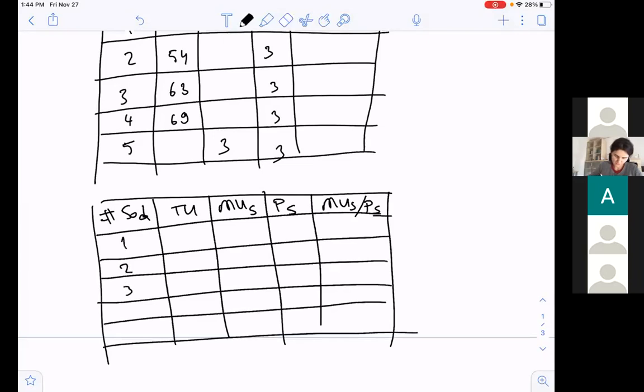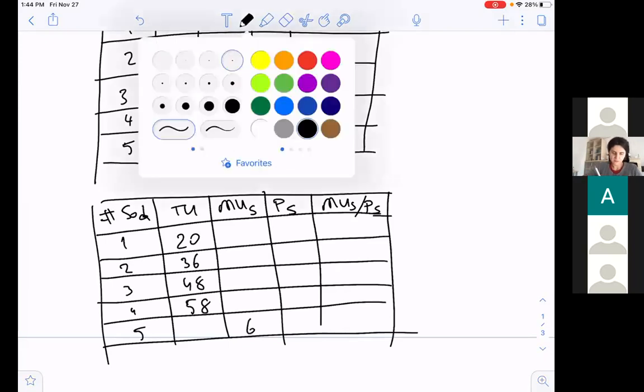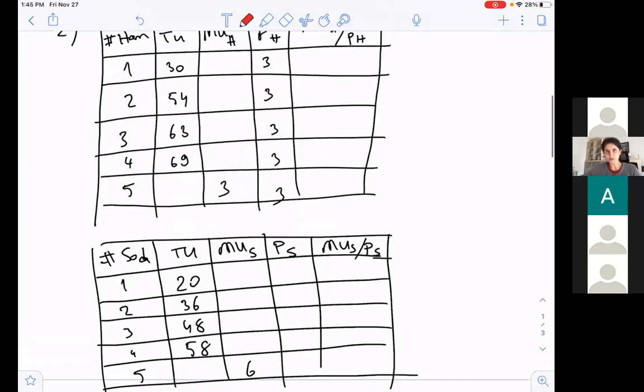We have total utility as 20, 36, 48, 58, and 64. Now first let's fill out this table.